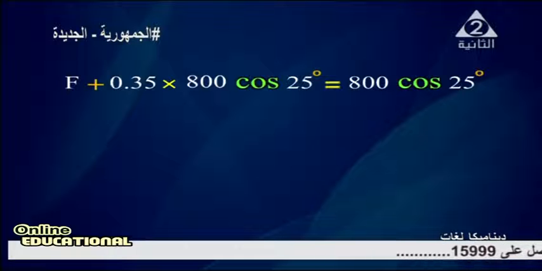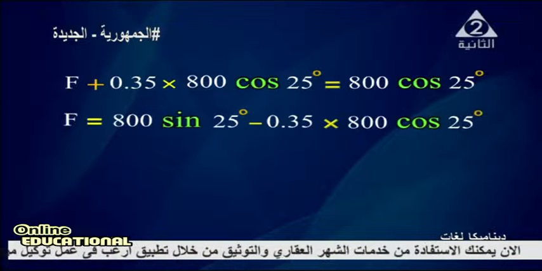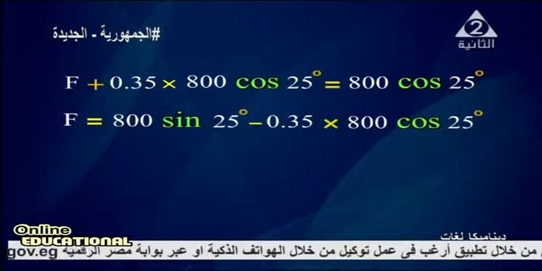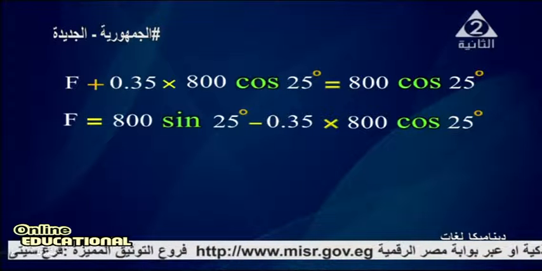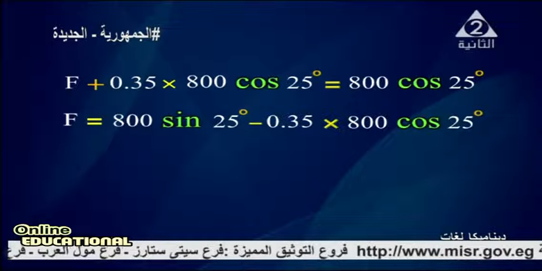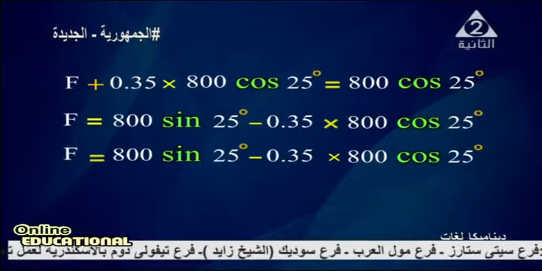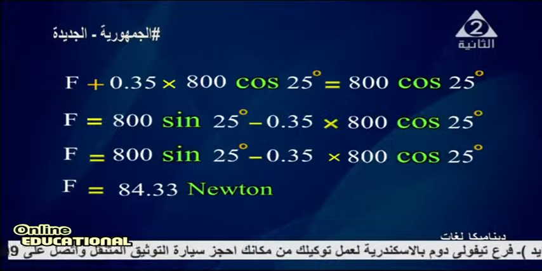F plus 0.35 times 800 cosine 25 equals 800 sine 25. Then F equals 800 sine 25 minus 0.35 times 800 cosine 25. Then the force equals 84.33 Newton.